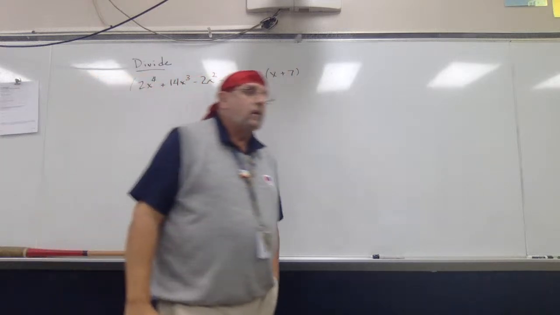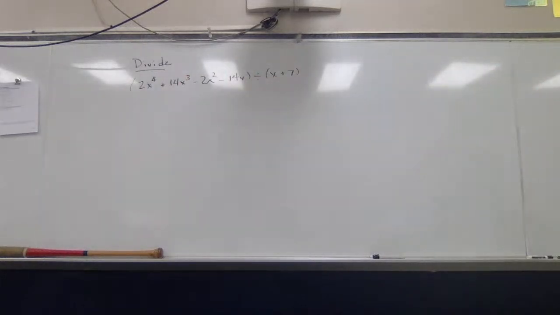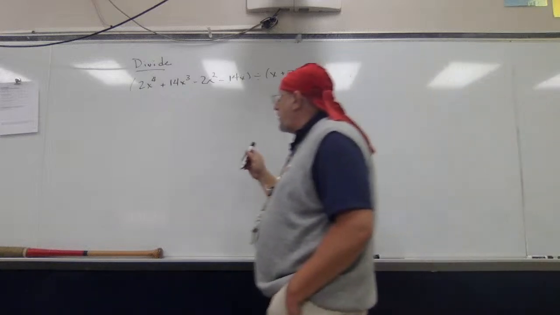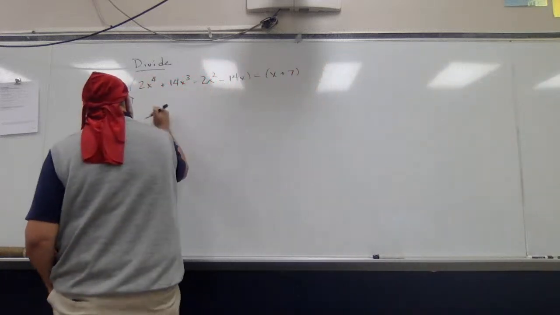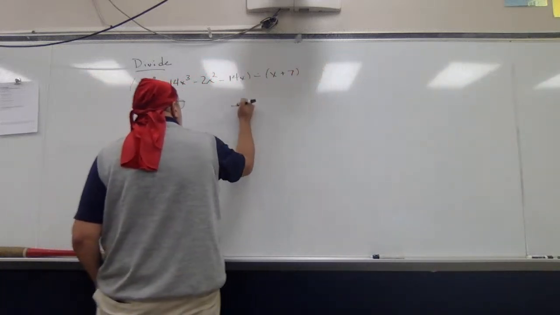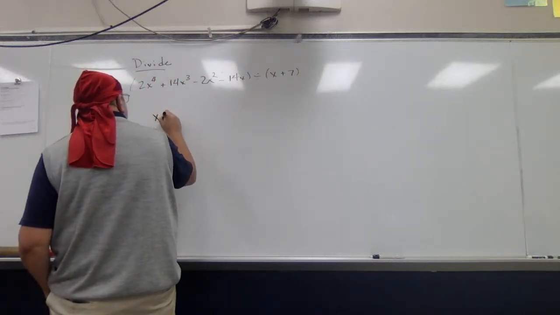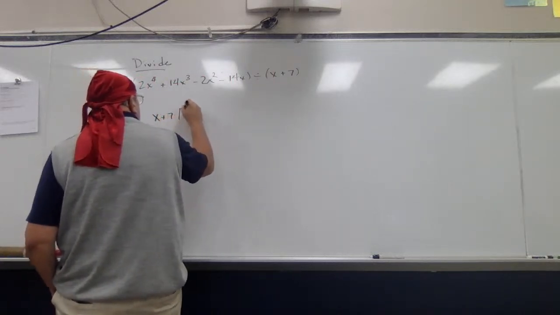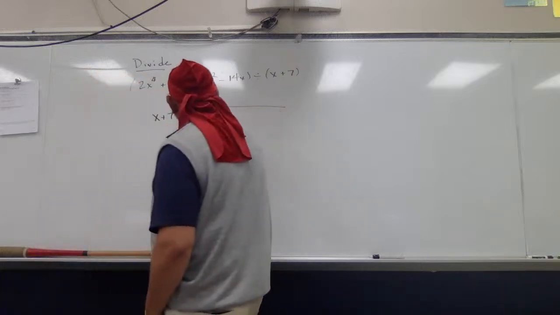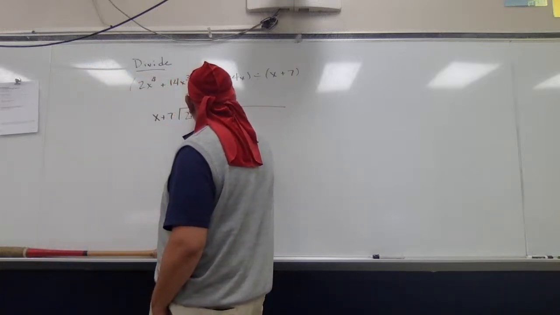Good? What's up? I was going to ask about the first step. We're going to do long division this time. So this is the annoying one, right? We'll put x plus 7 up here, and we'll put that big long polynomial in here.